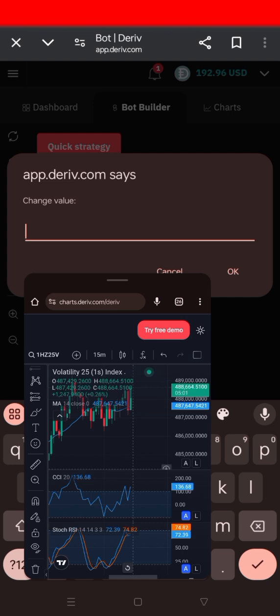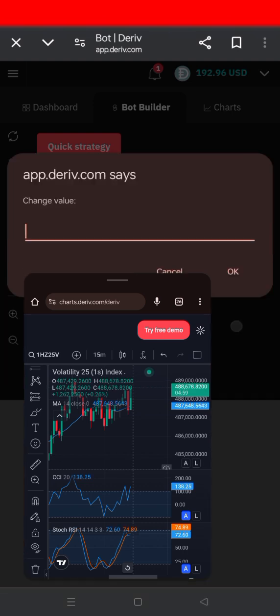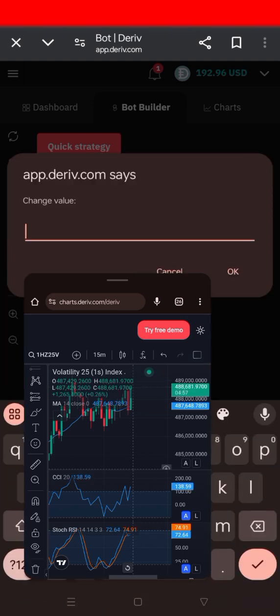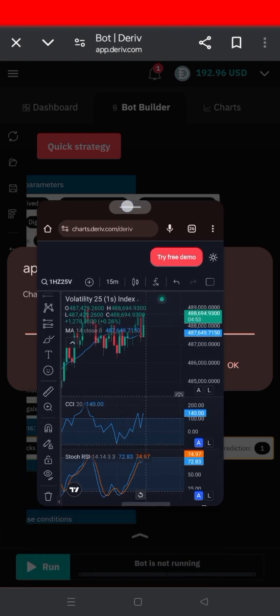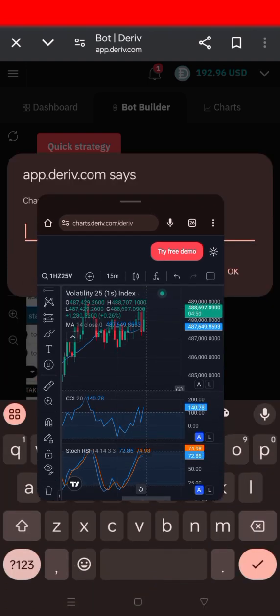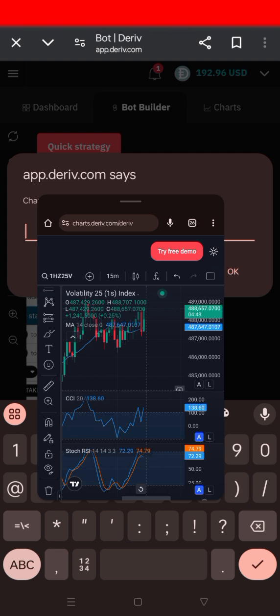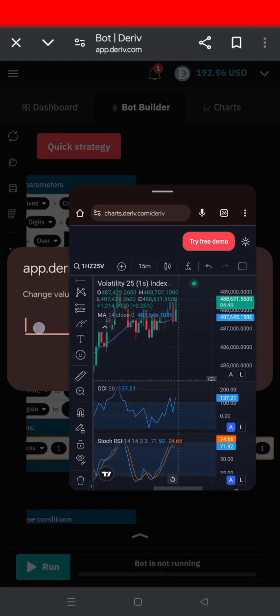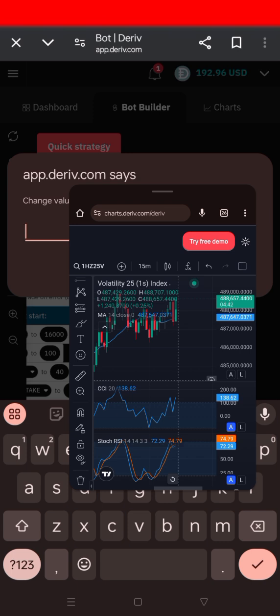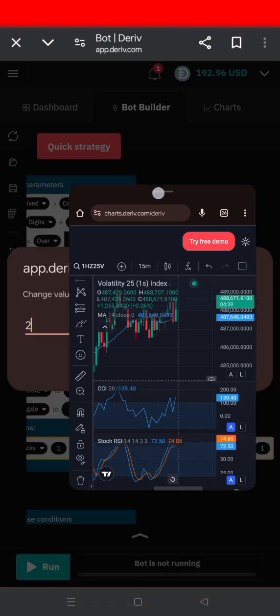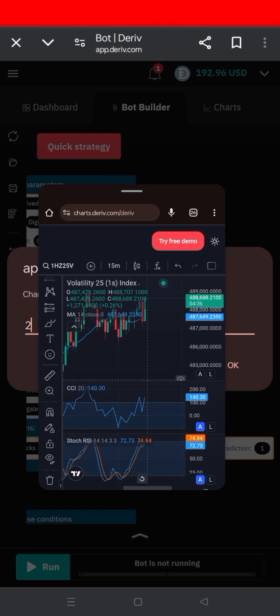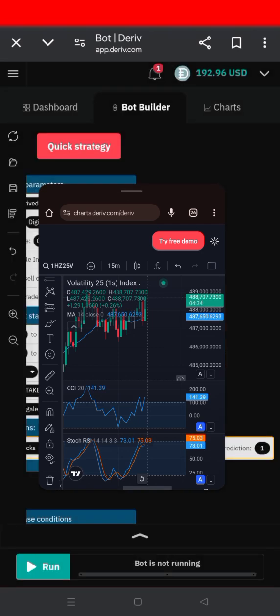So we'll press over, and then the prediction now becomes over digit 2. Yes, so despite that the market isn't that stable, we will still trade this, trading over digit 2. And after observing all the criteria, we can see this one can be a good entry, despite that the market is not showing us it's on a momentum.